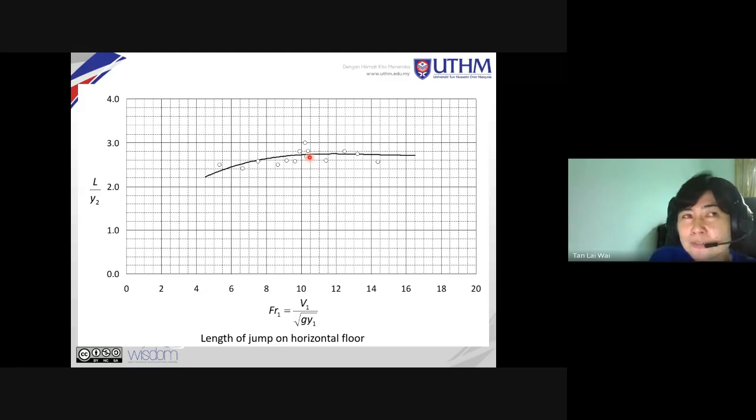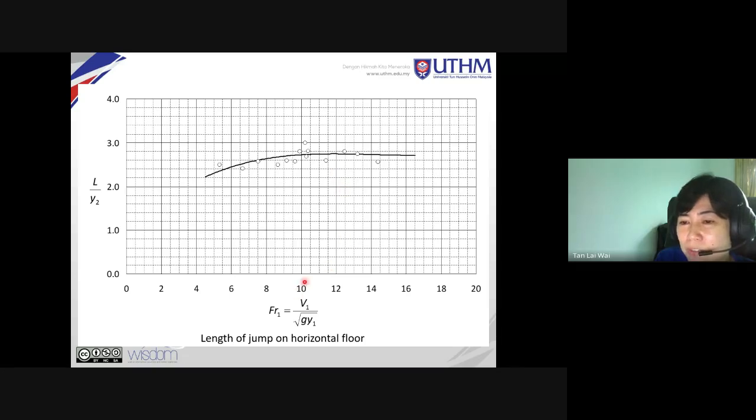Of course, if you want to go into detail on the condition of the experiment, you can search USBR stilling basin type 3. They have papers written that will describe the experiment for you, especially the condition of the experiment.